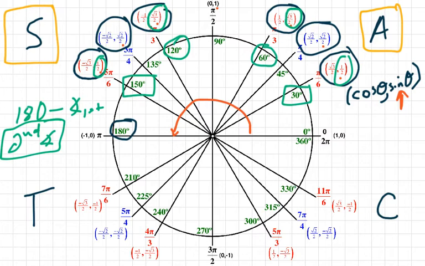So the root 3 over 2, the root 2 over 2, the 1/2, they're all positive. Every other trig ratio would be negative in there, so your cos and your tan, for instance. Again, we'll come back and beat this up in grade 12 a whole bunch. We just need to know that sine has two angles for every positive ratio under 180.